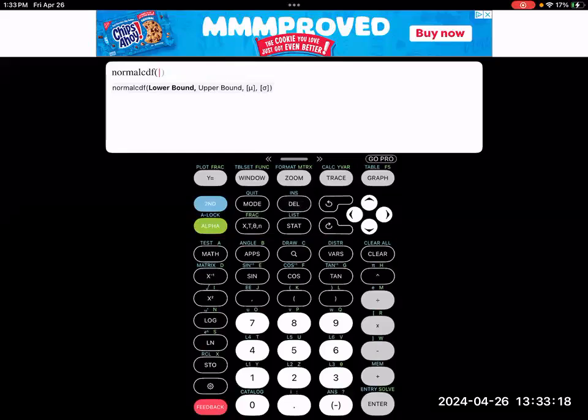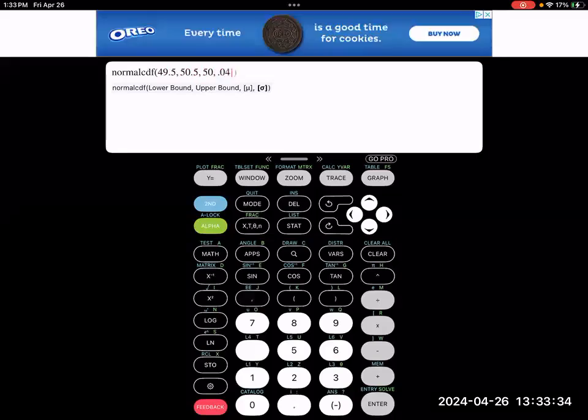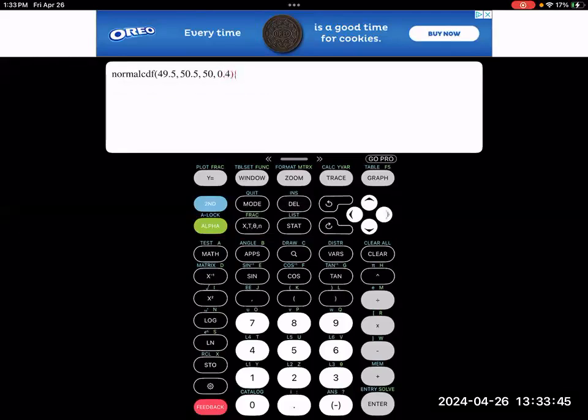You can also use this for a Z table, or let's actually put in your actual non-Z values. So 49.5, comma, 50.5, comma, your mean of 50 and your standard deviation of 0.4. Close your parentheses. Oh, and I noticed I just made an error. 0.4. Go ahead and hit enter.